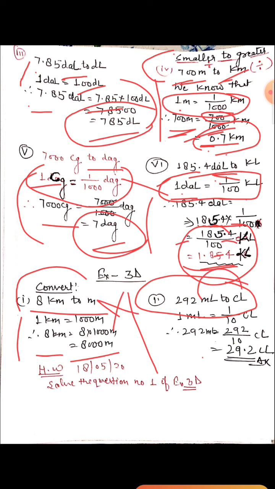This one is by multiplication and this one is by division. 1 milliliter is equal to 1 upon 10 centiliter. Therefore 292 milliliter is equal to 292 upon 10, using decimal division. So 29.2 centiliter.